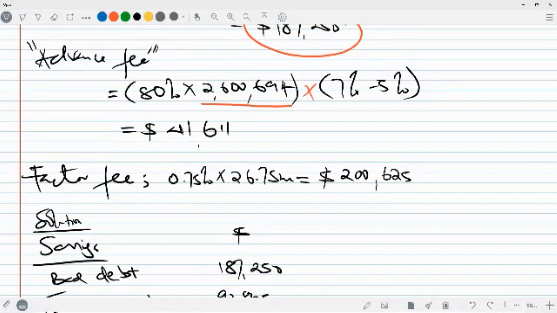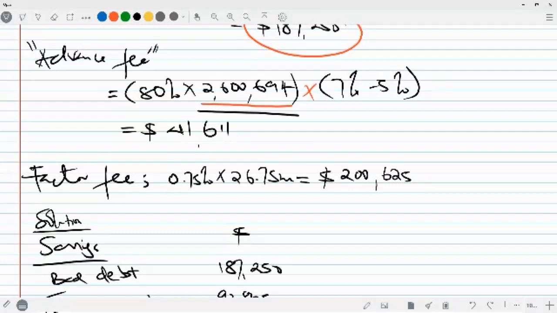So in theory, if you were to evaluate the sales outstanding at a point in time during the year, the figure would be 2.6 million.